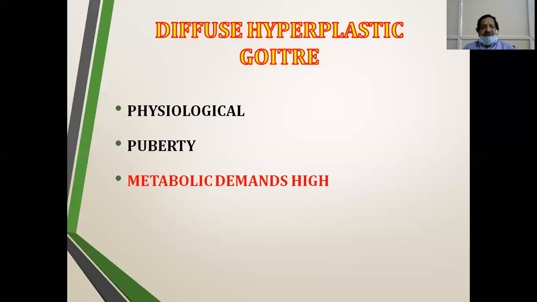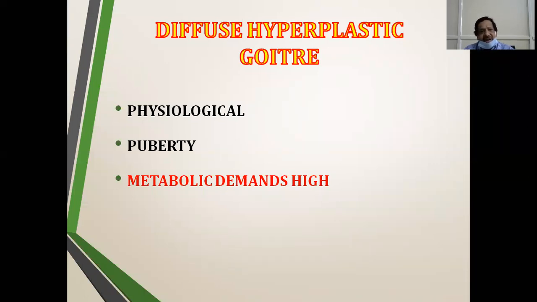Diffuse hyperplastic goiter we have seen, it is physiological: puberty, pregnancy, rarely lactation. The basic fundamental point is that the metabolic demand for thyroid hormones is high during these states.